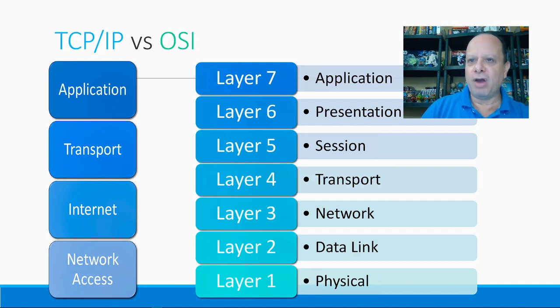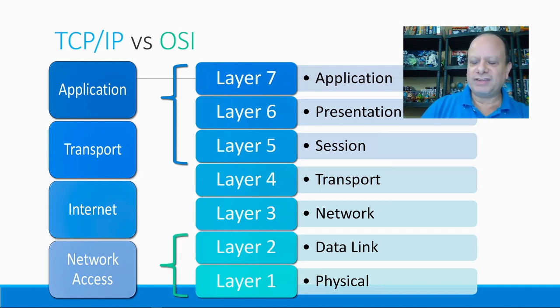In the OSI model, the network access layer and the application layer of the TCP/IP stack are divided into more layers to describe the functions that must occur at these layers. The TCP/IP application layer is divided in layers 5, 6, and 7 in the OSI model.